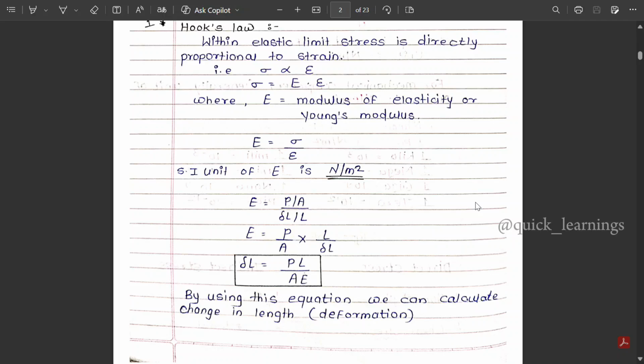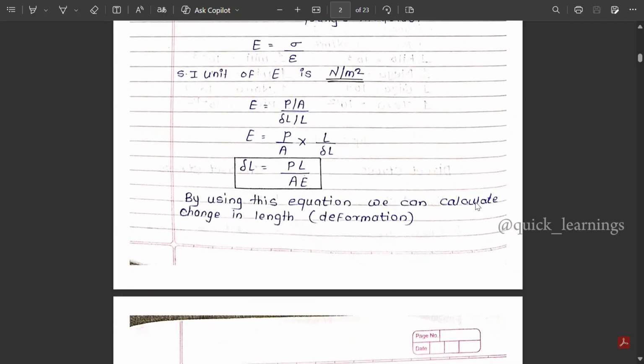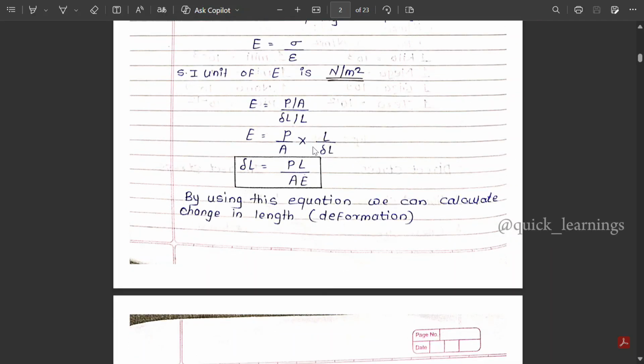Then we derive the formula for the modulus of elasticity, that is sigma upon strain, that is P upon A upon delta L upon L. So delta L equals PL upon AE.